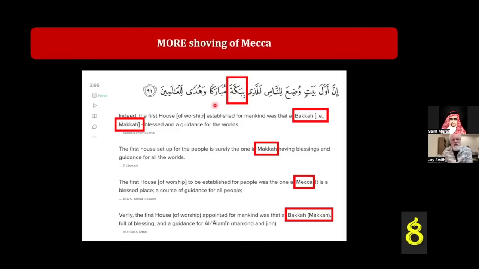So I would suggest that if you're going to make this into Mecca, you've got to have the letter that you have your cursor under right now, the meem with the dhamma above it. It has to look like that, not like what you're seeing over there in the B. Yes, exactly.